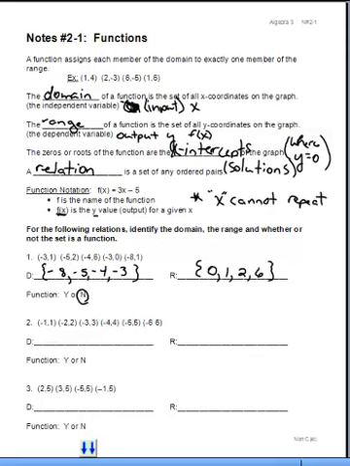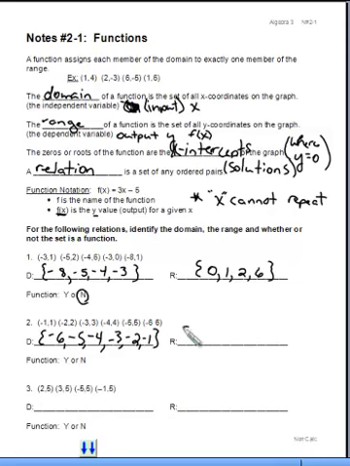So let's look at number 2. The domain is -6, -5, -4, -3, -2, and -1.